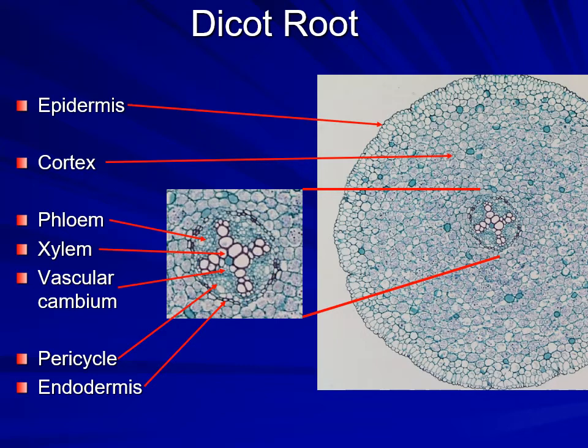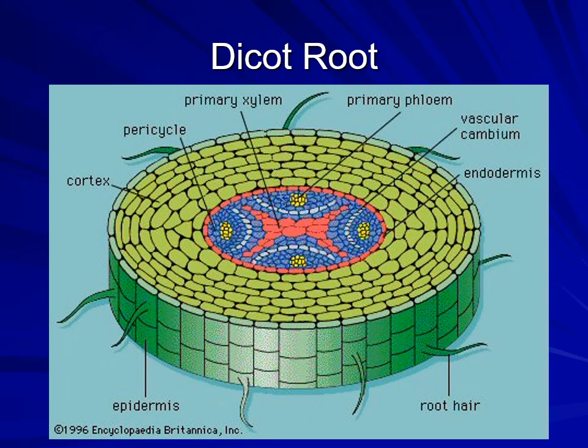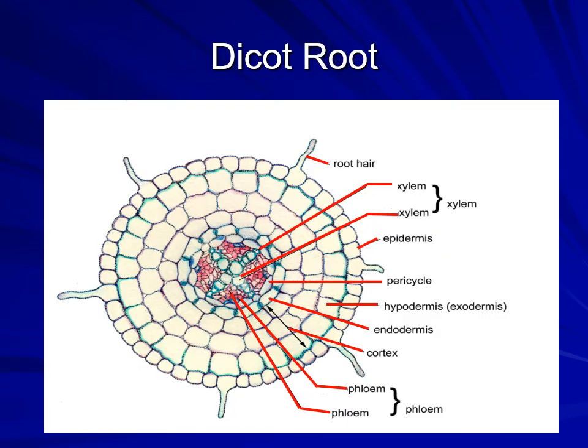So here's a review slide showing all the different structures of the dicot root with the epidermis, the cortex, which is storing starches and nutrients, the vascular bundle, the stele, where we have the phloem and xylem, the pericycle, and the endodermis. Here's another slide. These are just to help you remember if you're doing your studying. Picture's worth 1,000 words. You don't have to listen to me all day long.